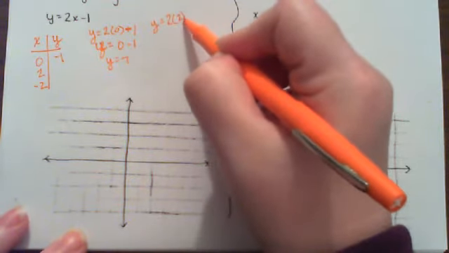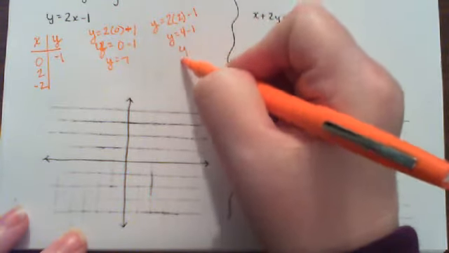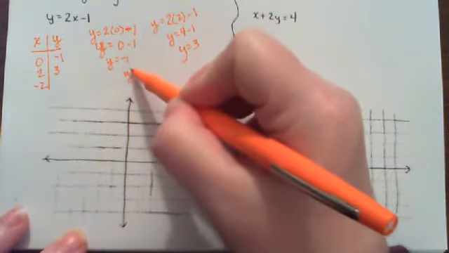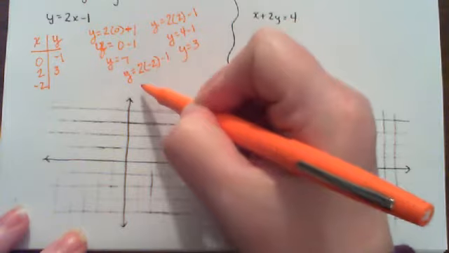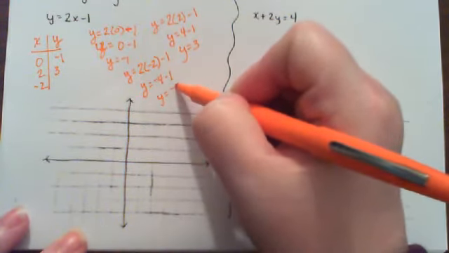Two times 2 minus 1. 4 minus 1, so y is equal to 3. 2 times negative 2 minus 1. Negative 4 minus 1, so y equals negative 5.